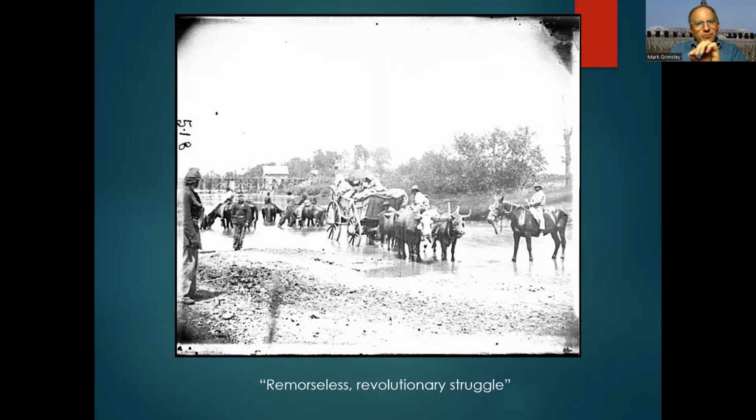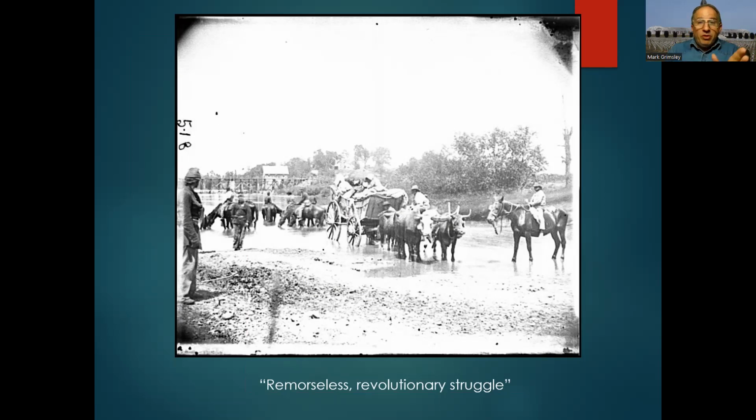So in 1861 and 1862, the Union government attempted to win victory on the battlefield. Basically, they wanted to destroy the Confederate government and reunify the country the way that it had been. By mid-1862, it was clear that a victory on the battlefield could not be won.